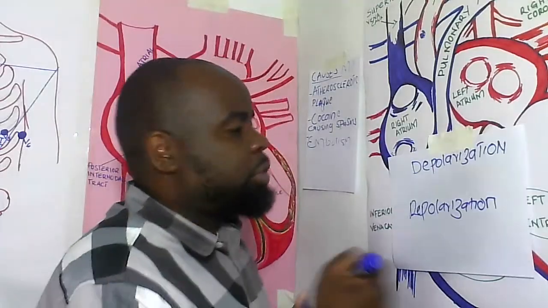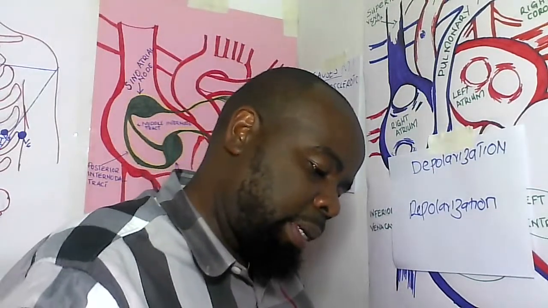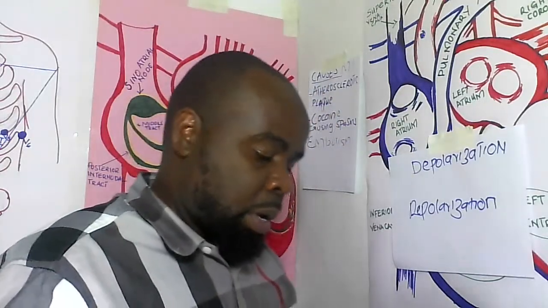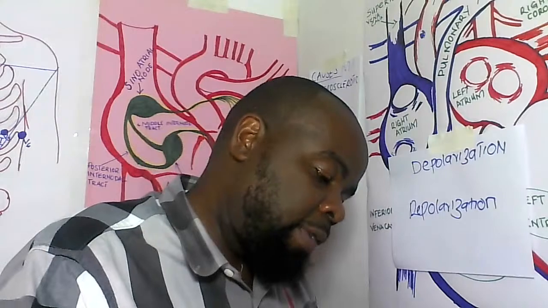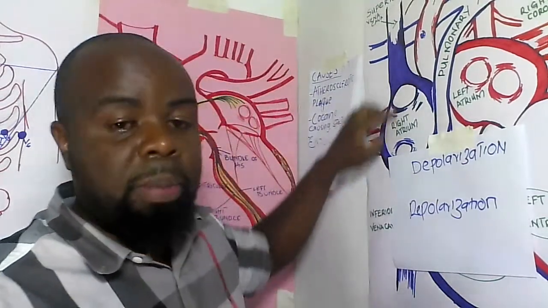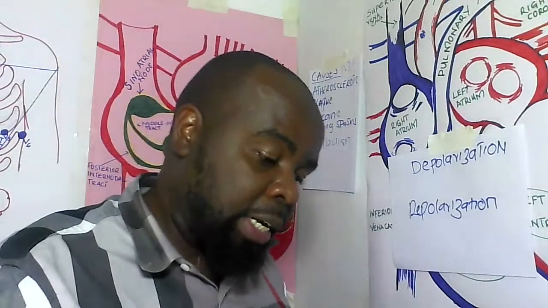Now, I will draw a cell here. This is a cell, with positive outside. These are muscle cells. You know your muscles are made of cells.